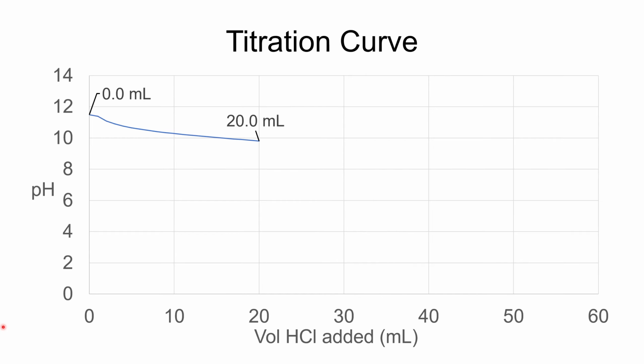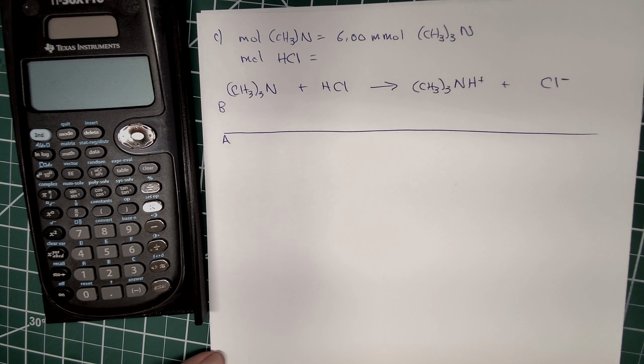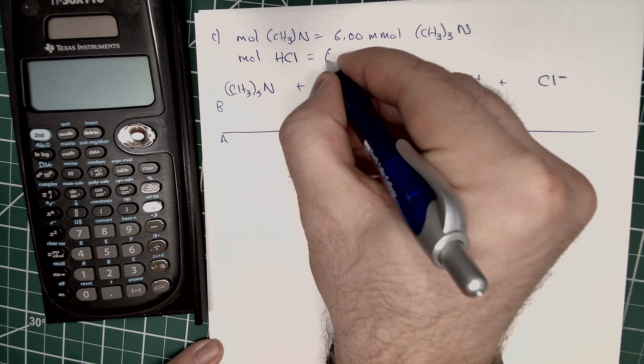All right, so the next one is part C, and on part C, we're at 39.5 milliliters. So I'm going to come back over here. We're going to do the calculation here for 39.5. I've gone ahead and written this stuff out, so you don't have to watch me write that out.